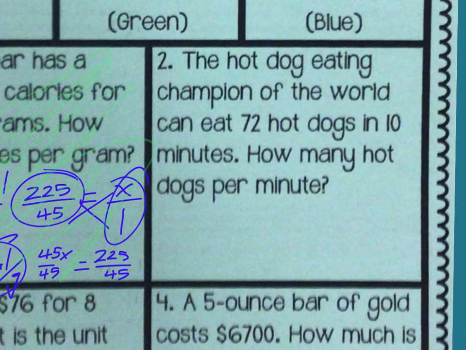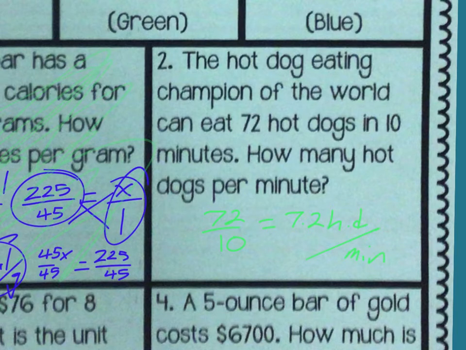Let's look here. The hot dog eating champion of the world can eat 72 hot dogs in 10 minutes. How many can he eat per minute? So we're going to go 72 divided by 10, and that will give me the answer. I get 7.2 hot dogs per minute.